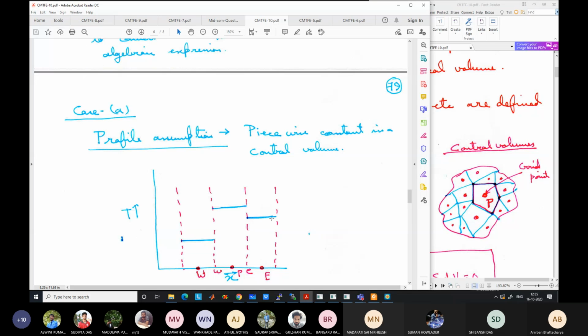This is the simplest profile assumption: temperature is constant within each control volume. Is this acceptable? Can we calculate these terms based on this assumption?